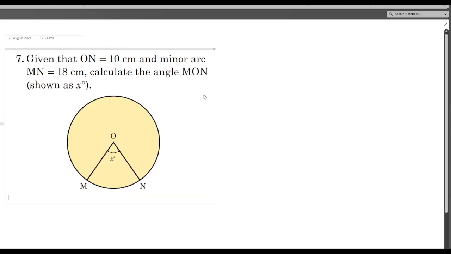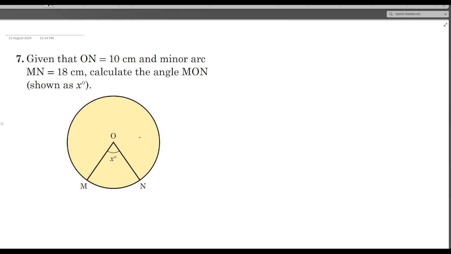Now question number 7. Given that ON is 10, and minor arc MN is 18. Calculate the angle MON. Your length of minor arc will be equal to fraction of angle at the center times your total length, which is 2 pi r.